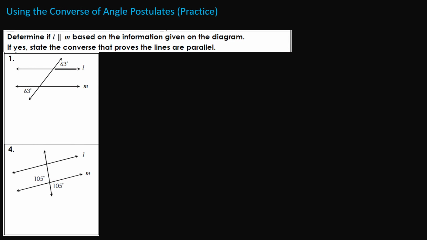So we are asked when we practice here to determine if line L is parallel to line M based on the information given in the diagram. If yes, we're going to state the converse that proves the lines are parallel. So when we take a look at number 1, I see two 63-degree angles, and I am seeing that they are alternate exterior angles.